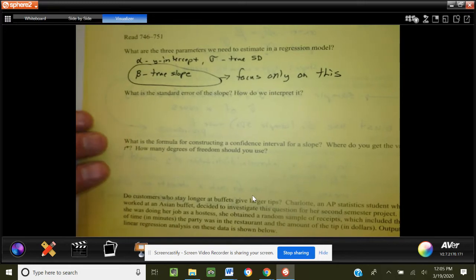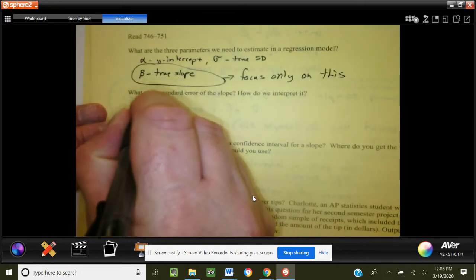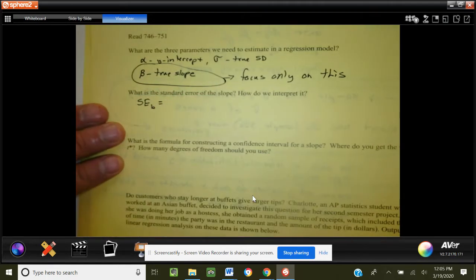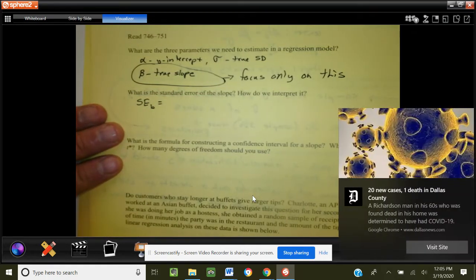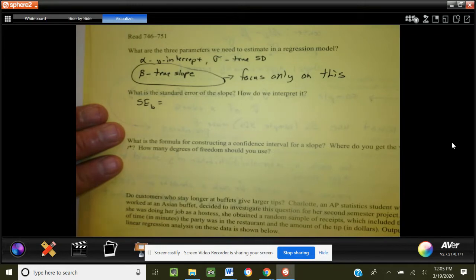All right. There's a formula, though, that comes up, and especially in multiple choice questions, you want to be familiar with this. So the standard error of the slope is equal to, and with standard error, we're using sample data to compute it, right? That's why it's called standard error instead of sample standard deviation.